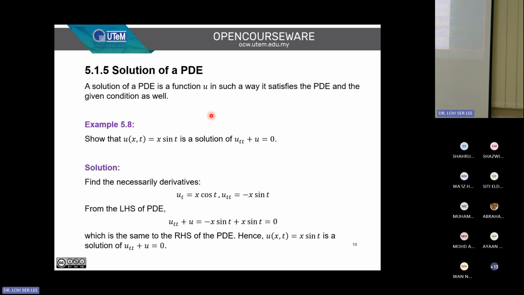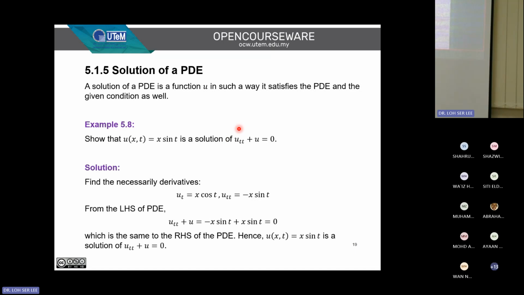You can refer to your handphone. Okay, now we look at the solution of a PDE. So now this one, U(x,t) is the solution of this PDE.